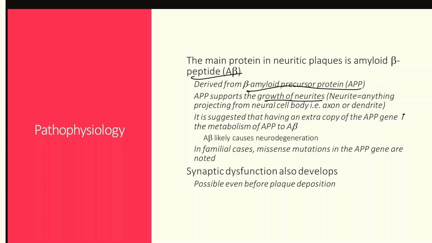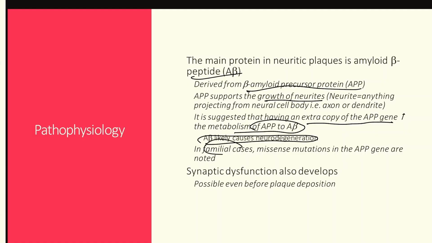It's suggested that having an extra copy of the APP gene increases the metabolism of APP to beta amyloid protein. So the extra APP gene causes overproduction of this amyloid protein, and this is what likely causes the neurodegeneration to occur.